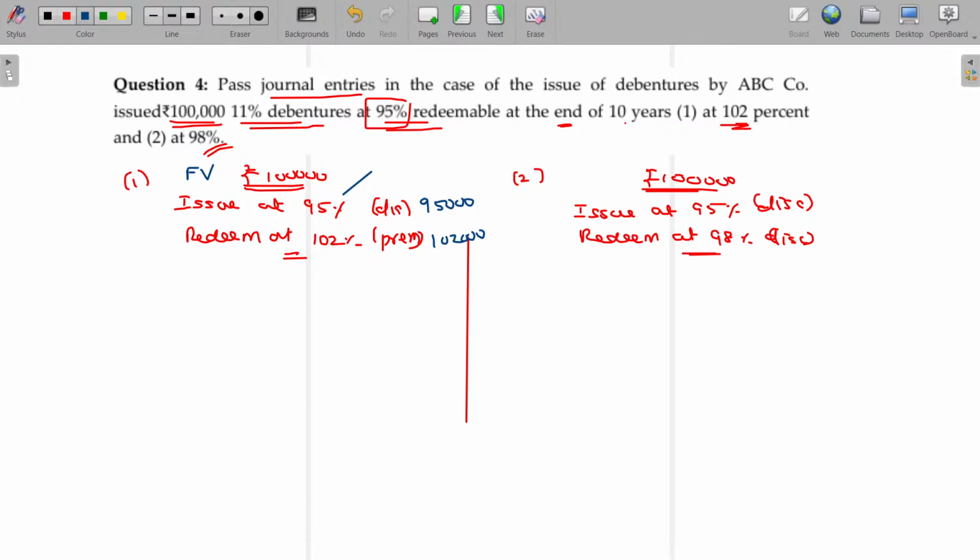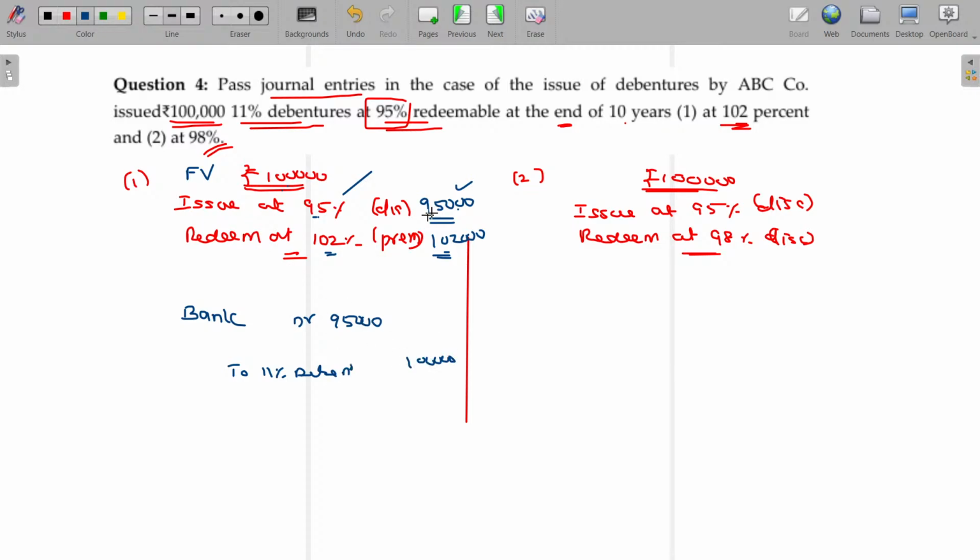So the entry here being, you collected only 95,000 rupees. 95% of the face value is collected. On repayment, 102% of 1 lakh is repaid. Means issue at discount by 5,000 rupees, repayable at premium by 2,000 rupees. So bank account, the amount collected being 95,000, to 11% debenture, the face value of the debenture in this case being 1 lakh.